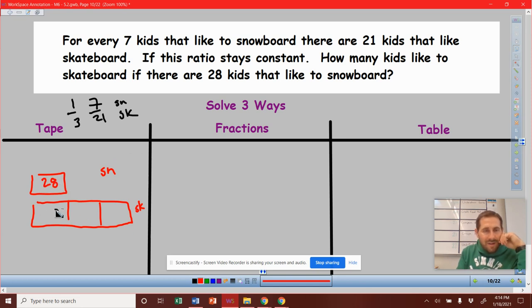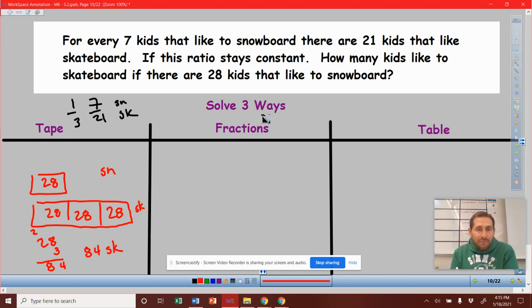Then I could go down here and say for every one of these, I've got 28, 28, 28 that like to skateboard. So this is 28 times 3, right? So 3 times 8 is 24, carry the 2. 3 times 2 is 6, plus the 2 is 8. So I've got 84 people that like to skateboard.